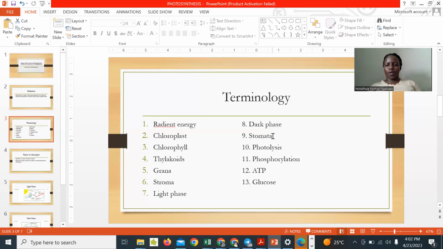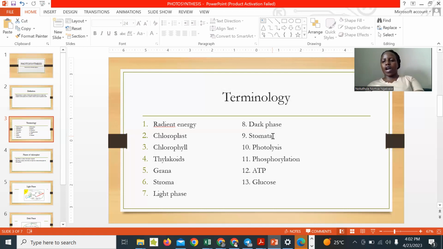You do it in NS grade 9 when you're doing chemistry. So photolysis is the separation of the hydrogen as well as oxygen. Once your hydrogen and oxygen split, we term that photolysis.